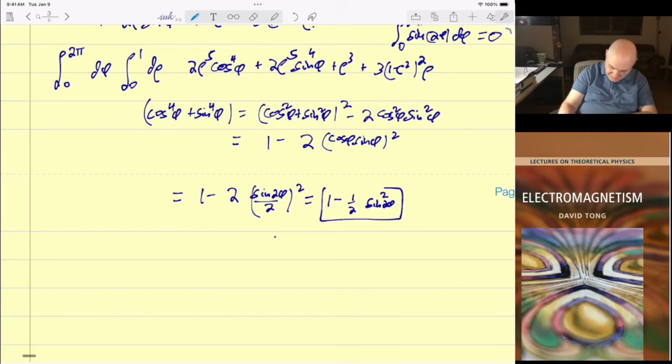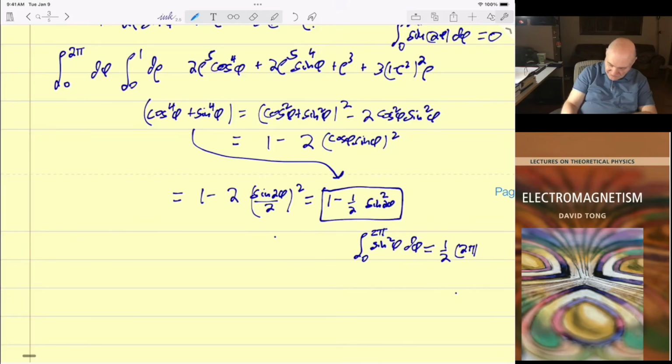Okay, so that's what this is equal to. Now when we integrate sine squared phi over a whole interval, this is equal to 1/2, the average value of sine squared phi, times the length of the interval, 2 pi.